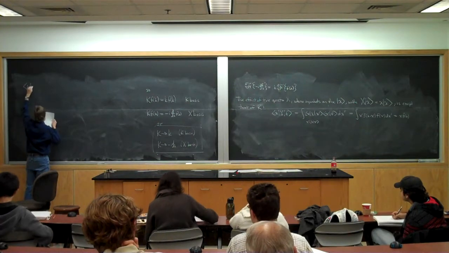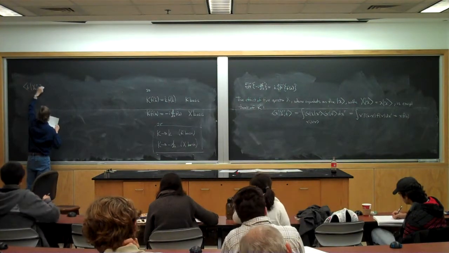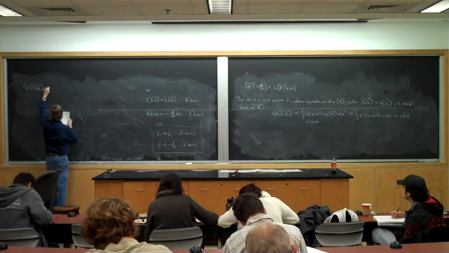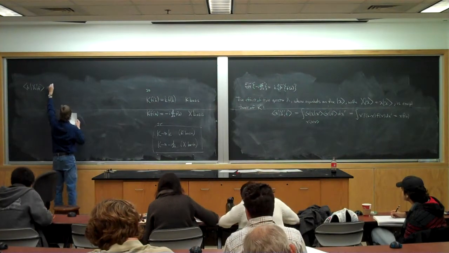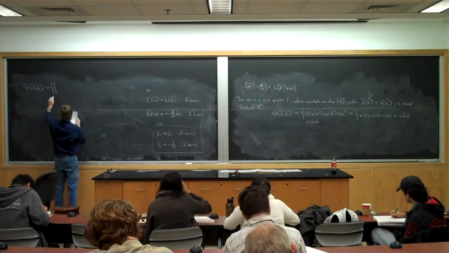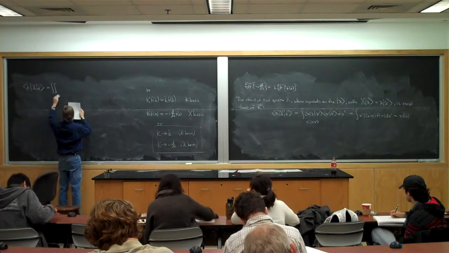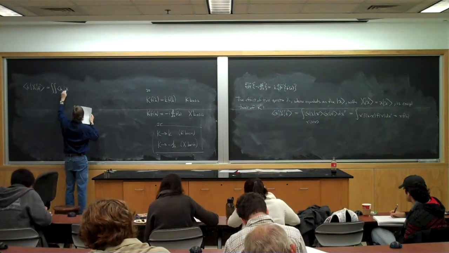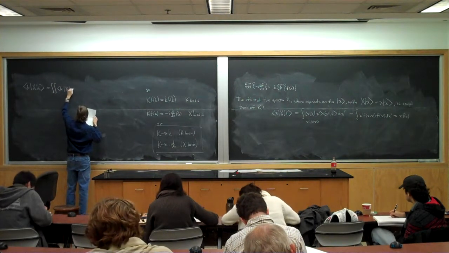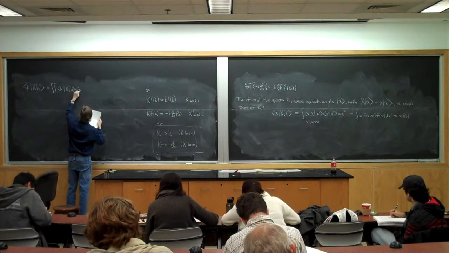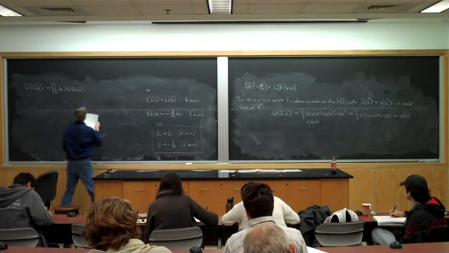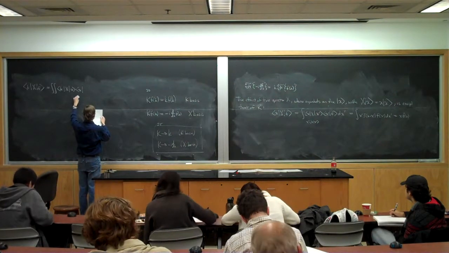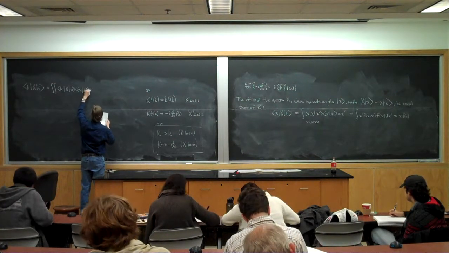Let's apply the x operator to f and project onto k. Now I'm going to insert the identity twice. I'm going to insert it once in terms of x and once in terms of k prime.